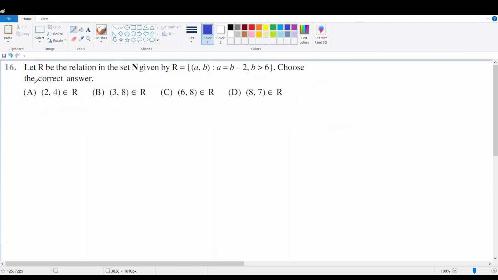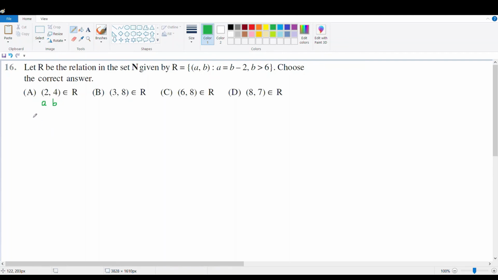Question 16. Let R be the relation in the set N given by R equals {(a, b): a = b minus 2 and b > 6}. Choose the correct answer. First, we got (2, 4) belongs to R. That means a equals 2 and b equals 4.